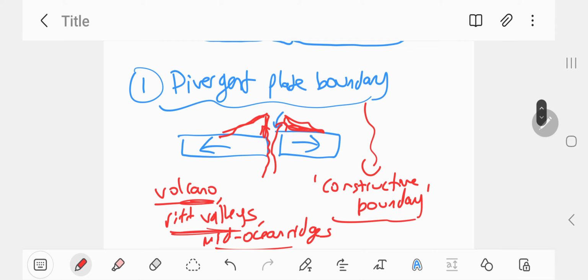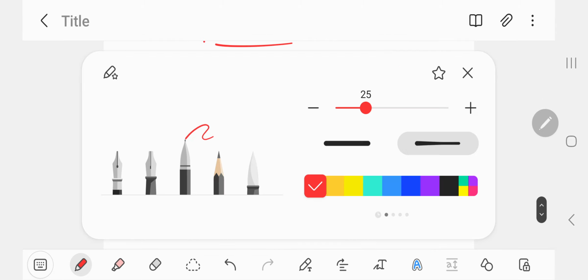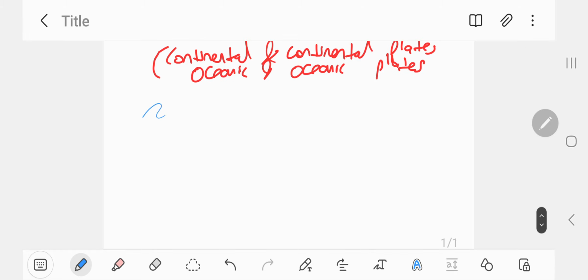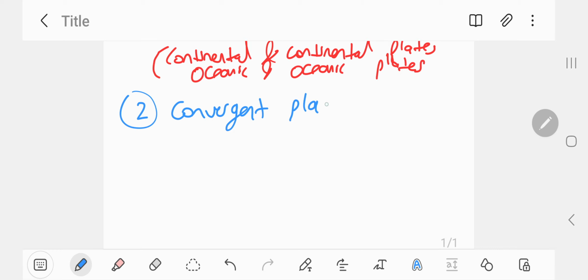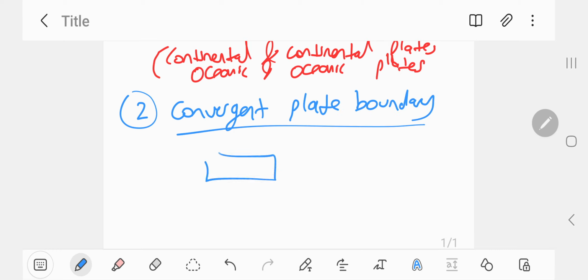Next up is called a convergent plate boundary. Now, to converge means to come together, right? In the context of light, let's say when light converges, it means it meets at a point. So when plates come together and they collide, as a result of the collision, they sort of rise a bit.